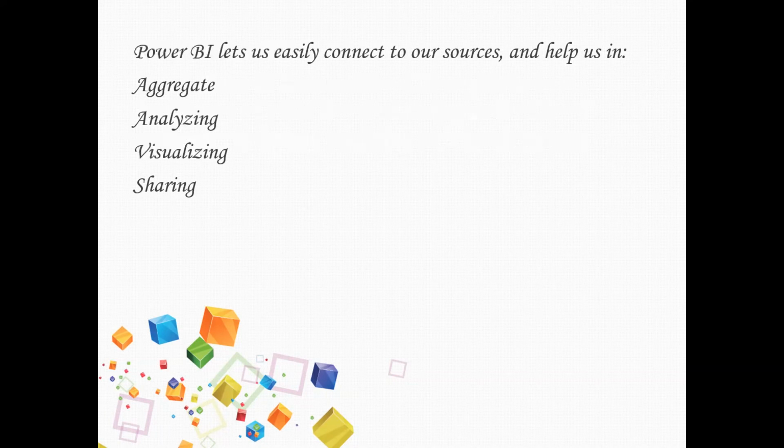Simply you can say these are 4 things that we can do using Power BI: we can aggregate, analyze, visualize, and share our data. So these are some common ways we can use Power BI.